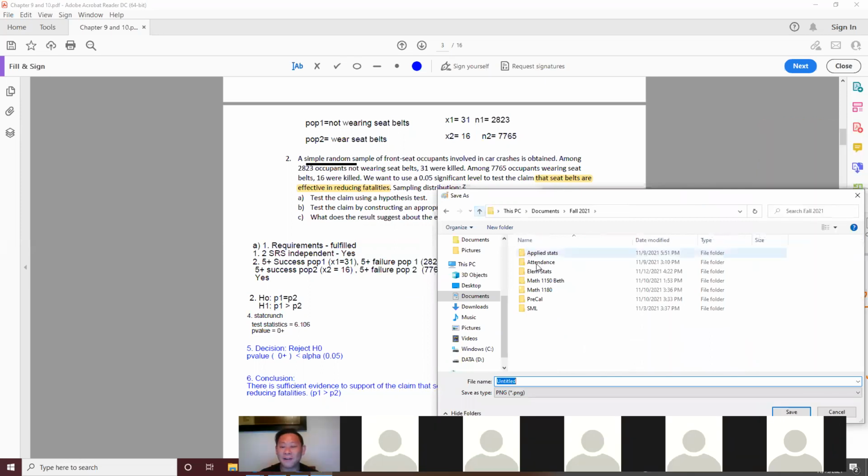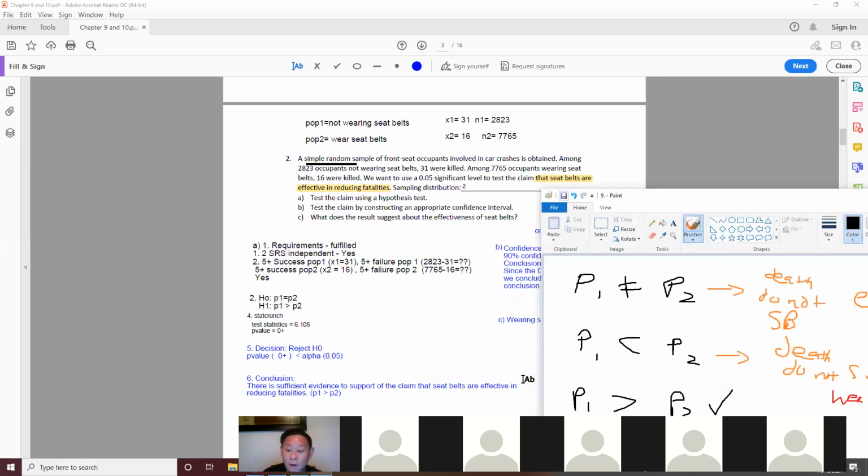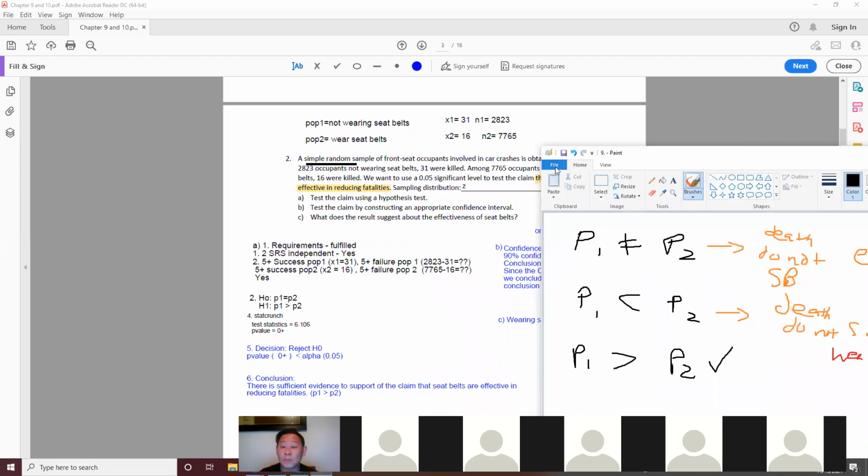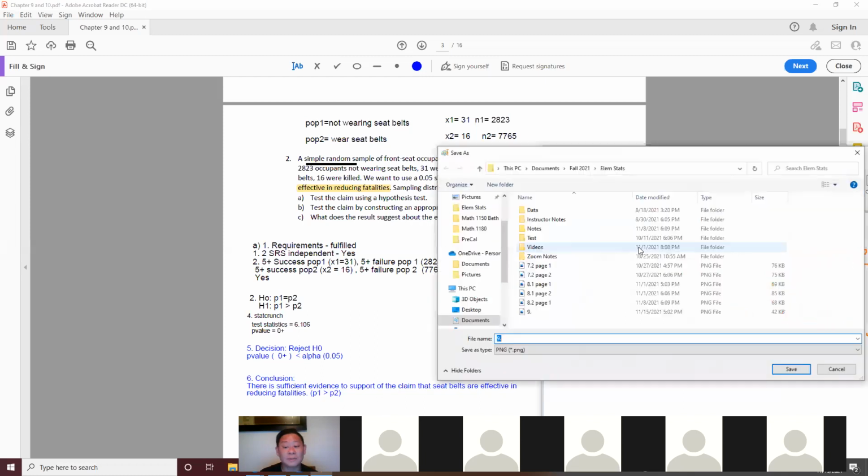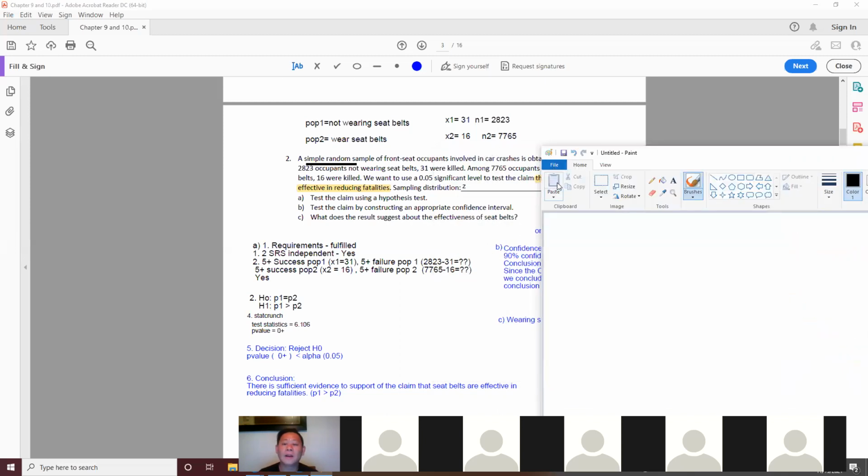Now you're going to change things around, because sometimes when you do your homework or your test, you can do that. Some people do that, and for that case, I want to see what's the difference here. So population 1 are those who wear seatbelts, again I use SE for seatbelts, and population 2 is those who do not wear seatbelts.